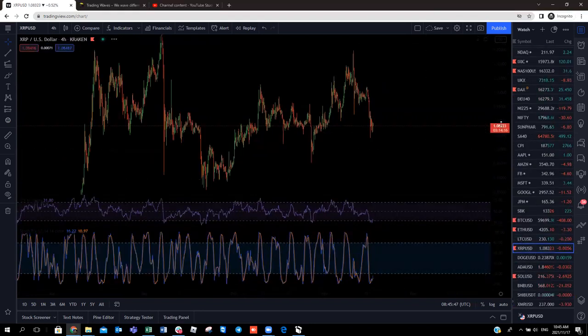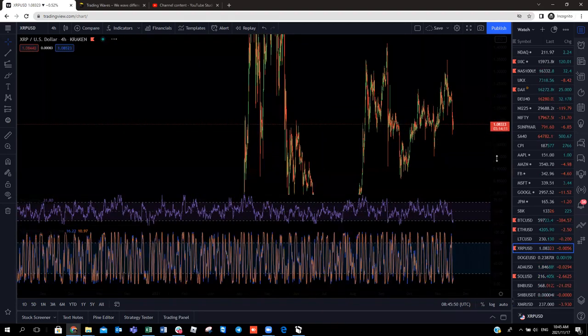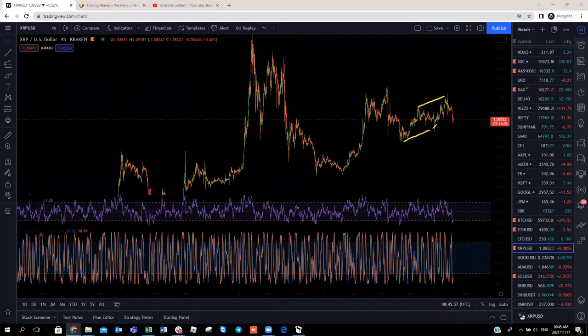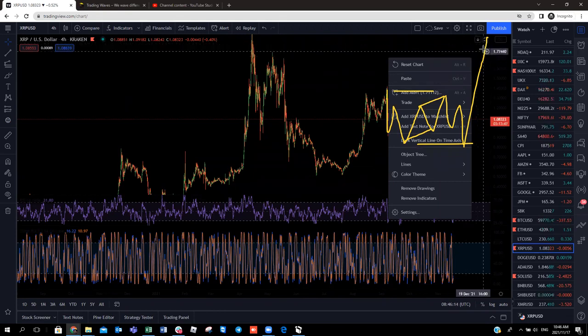Ripple. Now, Ripple is a bit tricky. Not necessarily tricky. The structures that we said may not happen are actually playing out. So 1, 2, 3, 1, 2, 3, 1, 2, 3 is the expectation on Ripple. Then we'll look for this to go retest the all-time highs at about $2 that we've seen around September this year.